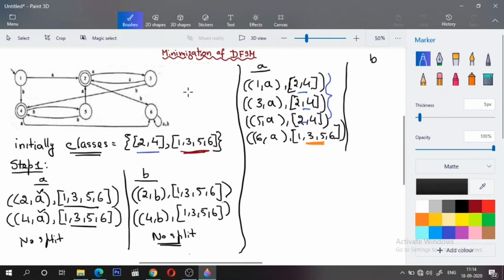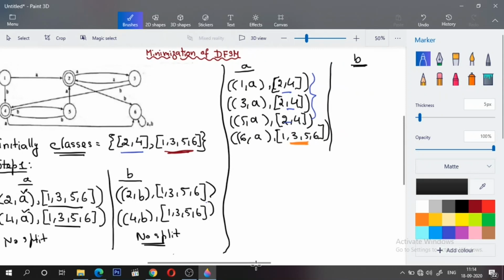Okay. So, that is done by looking into B also, because we have only seen A, right. So, we have to look into B. So, 1 upon B. Where does the transition occur? The transition occurred to 4. So, 4 belongs to 2, 4. Okay. Then comes 3 upon B. This will make a transition to 2, which again belongs to the same set containing 2, 4.